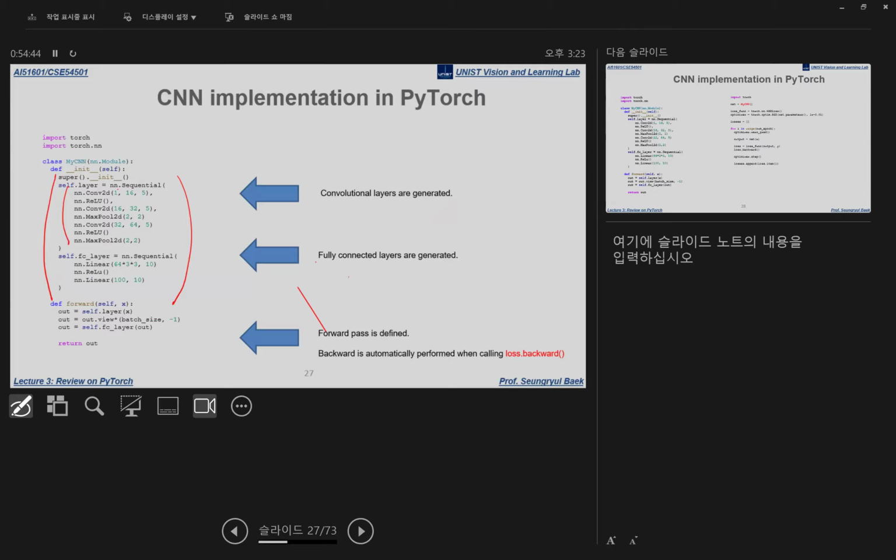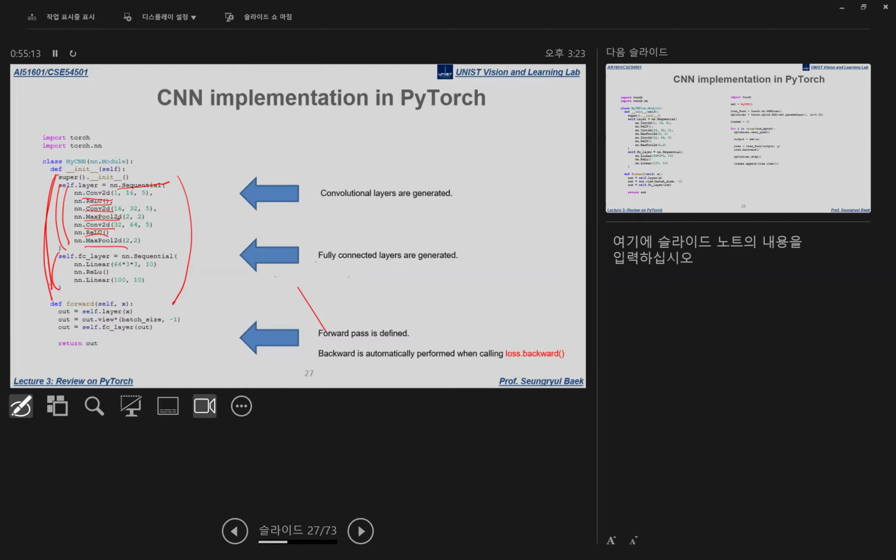Sequentially they stack convolutions, ReLU, convolutions, ReLU, max pooling, and this is the convolutional layers. And the later part is the MLPs. They sequentially stack the linear layer, nonlinear layer, and linear layer. So here they implement the network structure, and their parameters are randomly initialized.